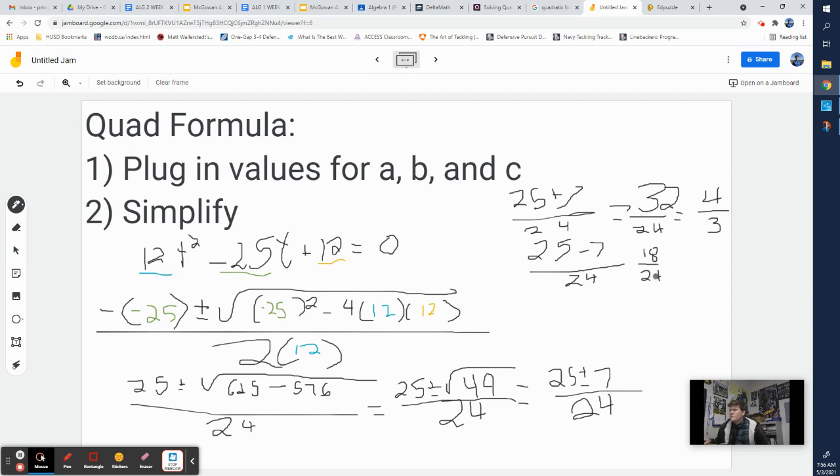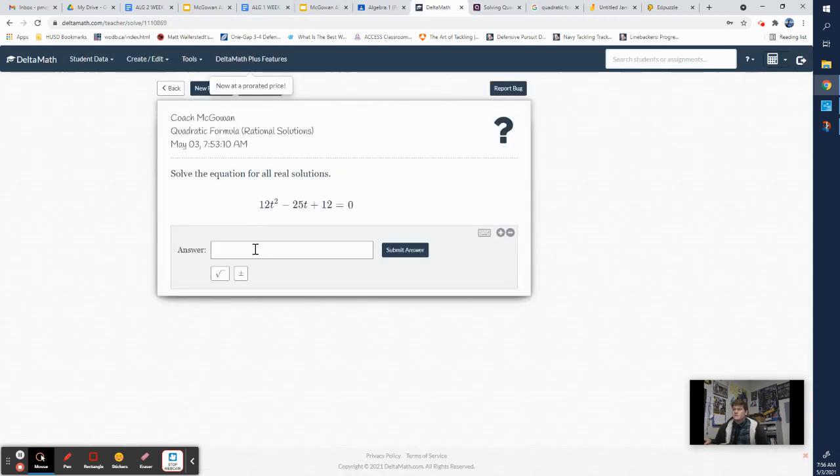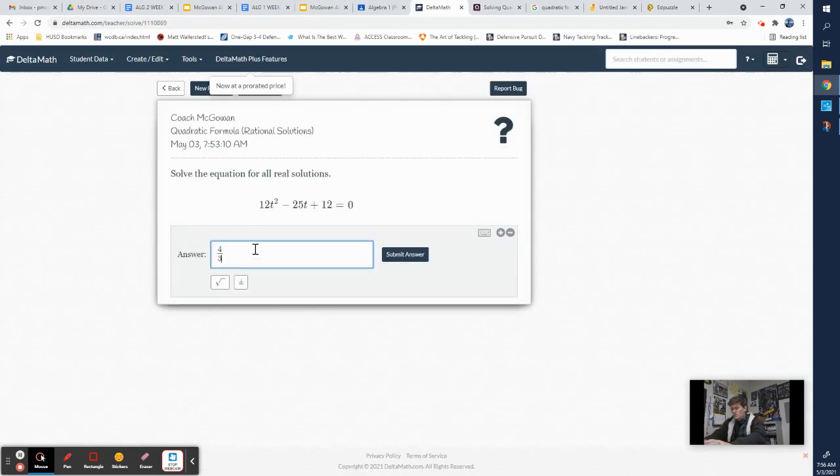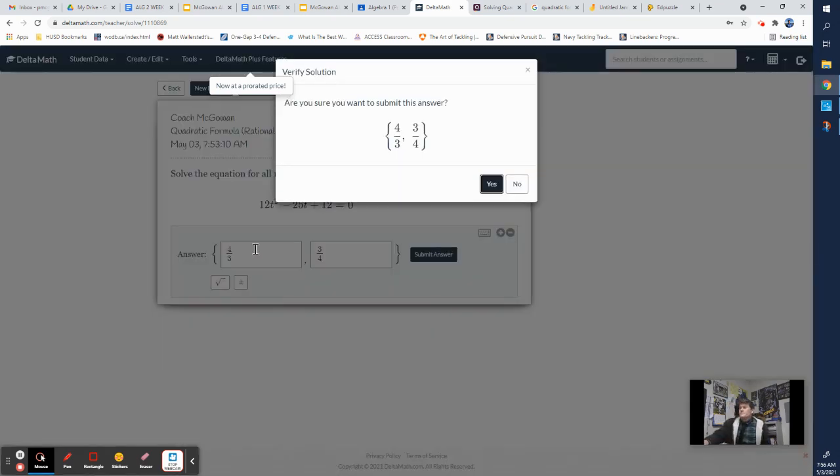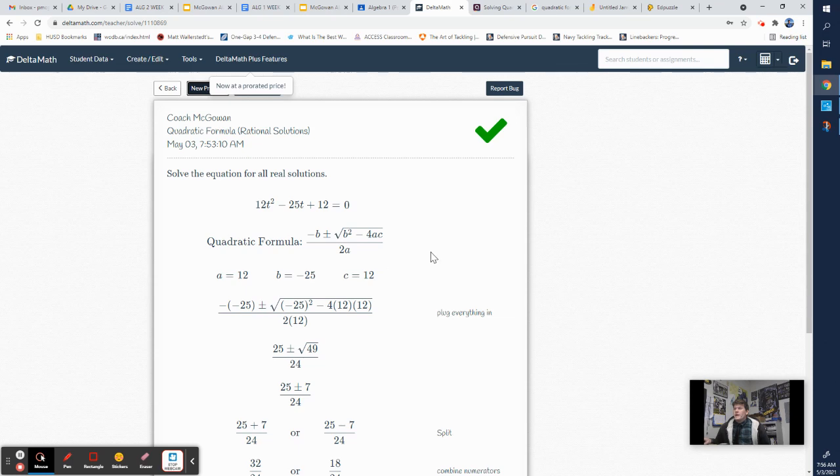Now, 18 and 24 has a common factor of 6. 6 goes into 18 3 times. 6 goes into 24 4 times. Wow, look at that. The answers were reciprocals of each other. They were the fractions flipped. That's, I don't know, that's ironic. Well, not ironic. Funny to me. 4/3, 3/4. Quadratic formula.